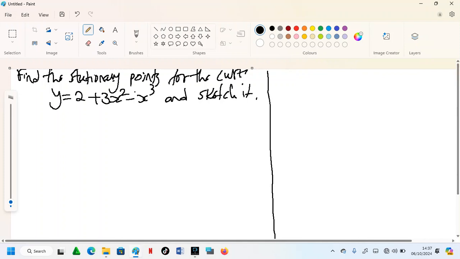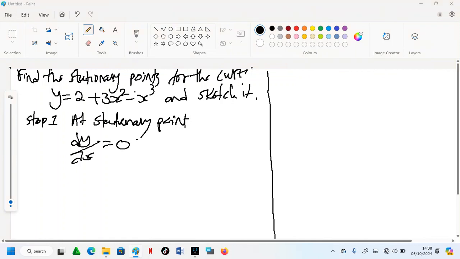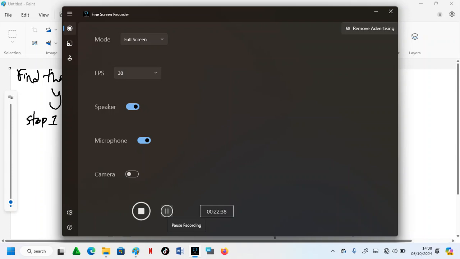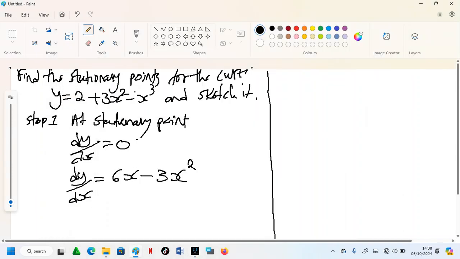This is another nice question. So step one, as usual, we are going to say at stationary points, dy/dx is 0. So very first you're going to get the dy/dx. dy/dx is, drop the 2, so you have 6x minus 3x². Right.